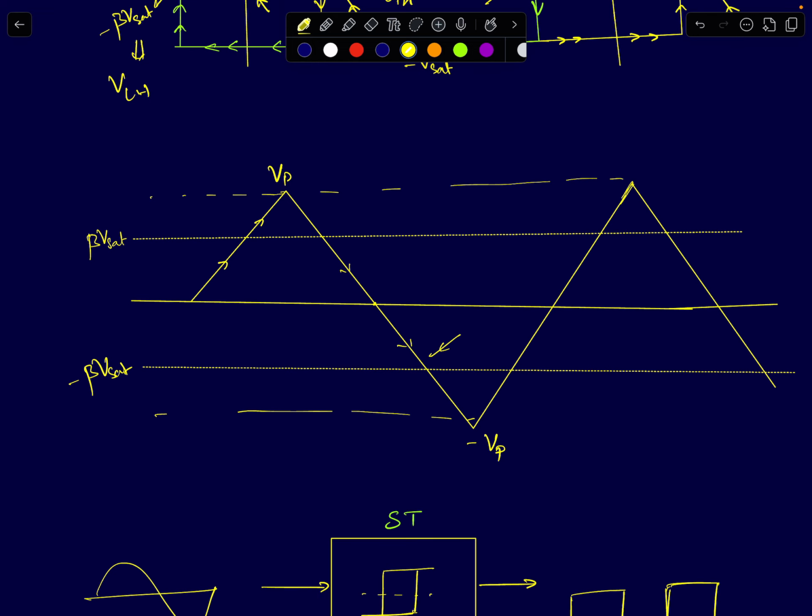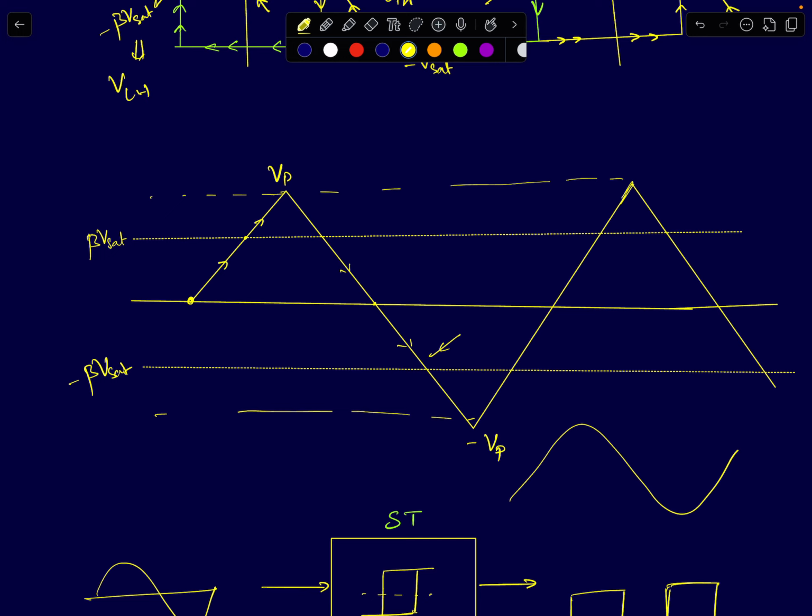A Schmidt trigger is mainly used for converting sinusoidal signals or ramp signals to square wave outputs. Usually sinusoid and ramp signals, at the points where they cross zero or the threshold voltages, have very small slopes. They will rise very slowly or fall very slowly.